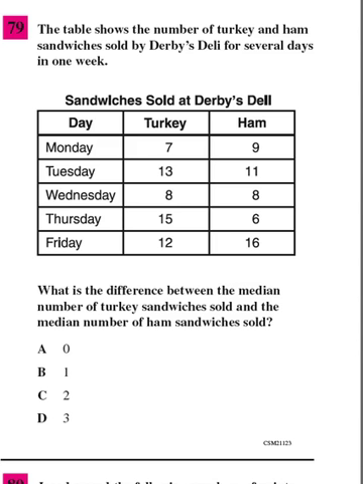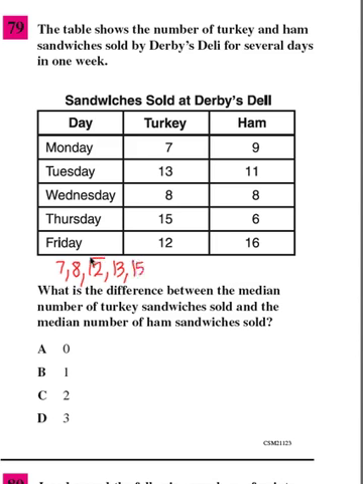Problem 79. The table shows the number of turkey and ham sandwiches sold by Derby's Deli for several days in 1 week. What is the difference between the median number of turkey sandwiches sold and the median number of ham sandwiches sold? So we put these numbers in order. For turkey we have 7, 8, 12, 13, 15.